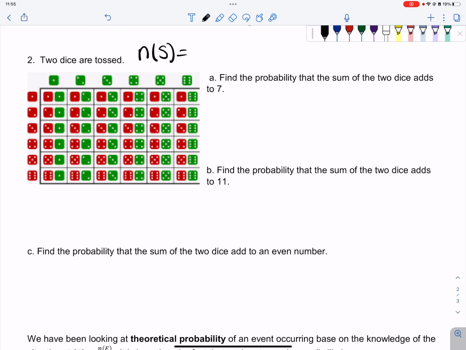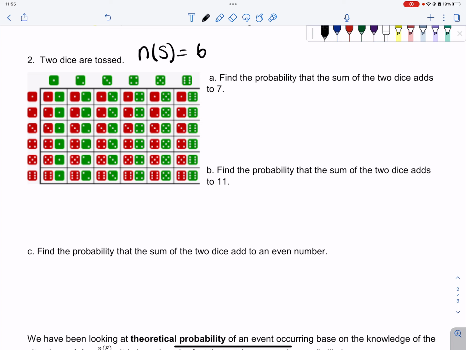Here we can see we have the sample space already listed out with the table of the red and the green die. And we know from our counting principle from 7.1 that when we know our number of options for each individual stage, we can just multiply those together.